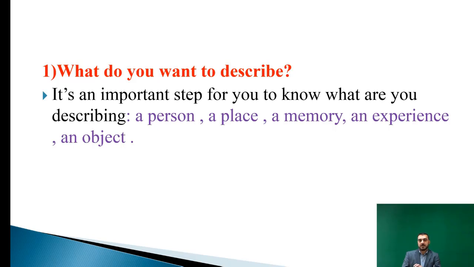We have to decide right from the first moment of writing a descriptive essay what we are going to describe, because later on when we move ahead, all the information that should be mentioned in the descriptive essay should be centered on this object that we are going to describe.